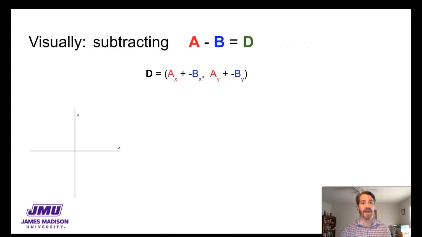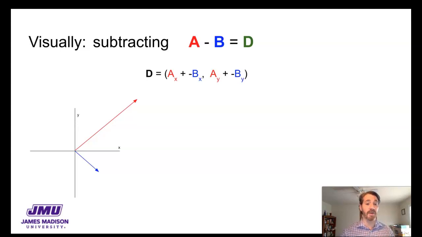If I'm taking vector A, which might be this vector, and they're asking me to subtract vector B, which might be that vector, visually, subtracting that blue vector from that red vector might seem problematic because they're not even in the same direction. How do I subtract one from the other? The answer is I take away vector B and instead put in a vector negative B. I know how to add vector A to vector negative B. Now this is just a tail to tip vector addition.